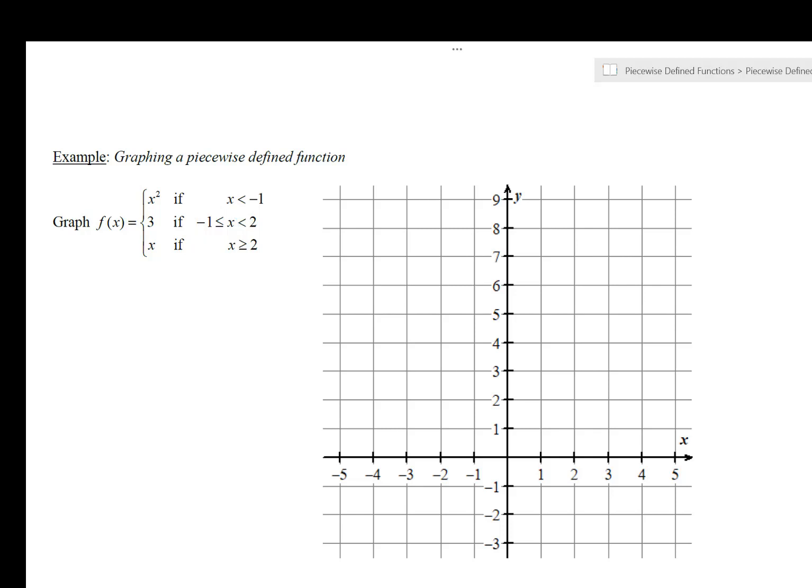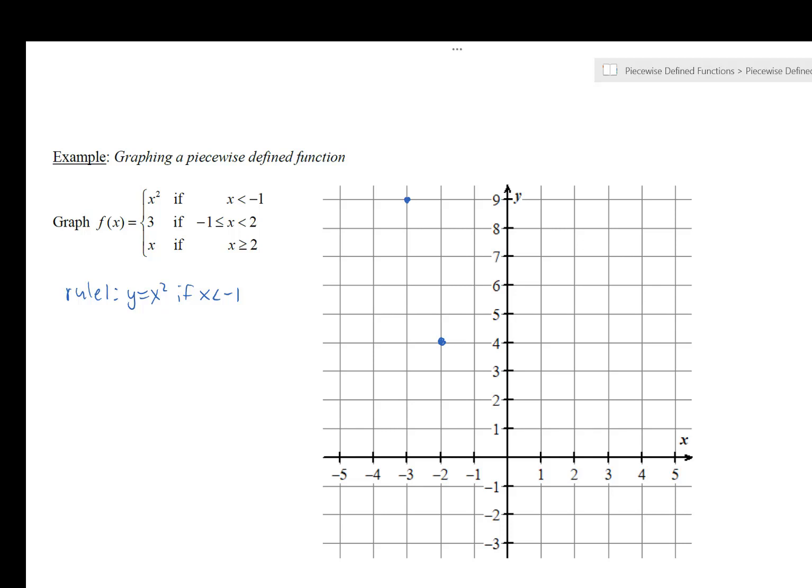Rule 1 is x squared, and that's true only for values of x less than -1. So I know what the graph of x squared looks like. It's the square function. We could plot some of these points. For instance, if x was -2, then -2 squared is +4. If x was -3, -3 squared is +9. We could keep going if we had more space. And then it's going to behave like this function all the way down till we get to x is -1.